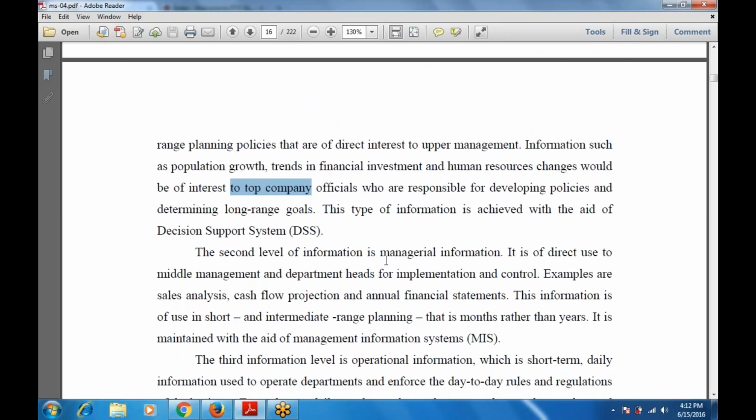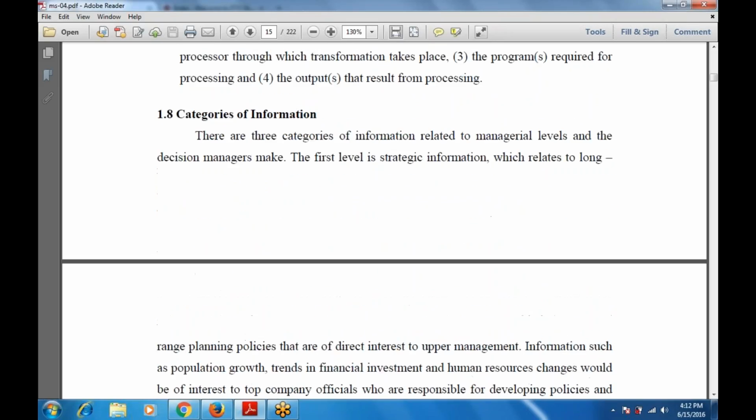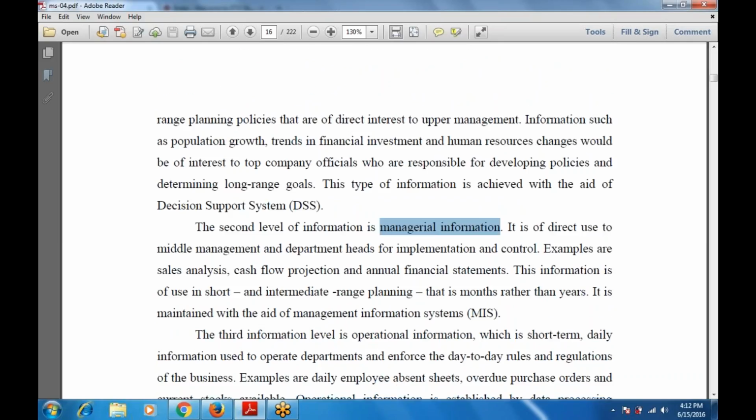Second one is the managerial information. So one is at the top level, that is the strategic information. The other is used for the middle level managers as well as the departmental heads for implementing and controlling. Examples include sales analysis, cash flow projection, and the annual financial statement.